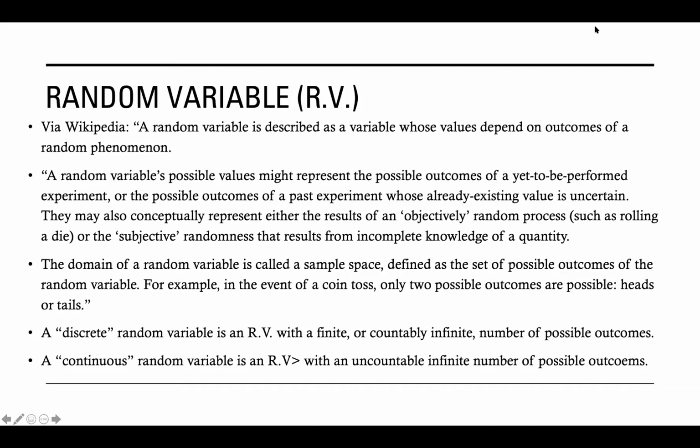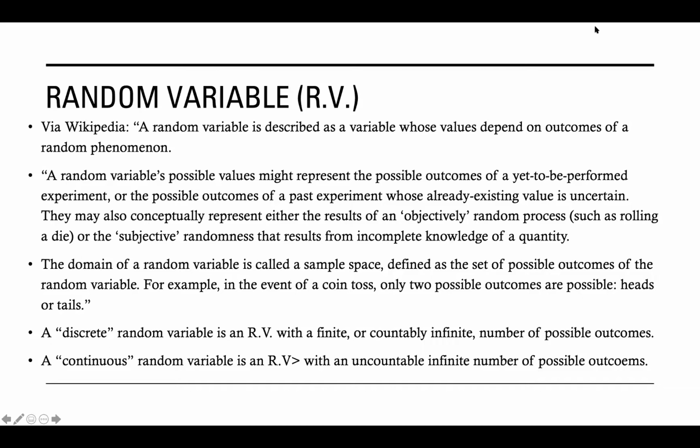We'll often say something is random when it's actually knowable, but we just don't know it. The domain of a random variable, sometimes called a sample space, is defined as all the possible outcomes of a random variable. For example, when you flip a coin, there are two possible outcomes, a head or a tail. When you roll a six-sided die, there are six possible outcomes, the value at the top of the die.